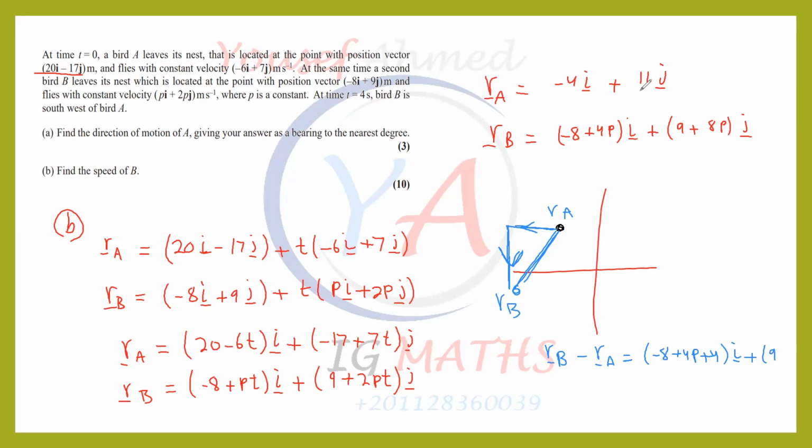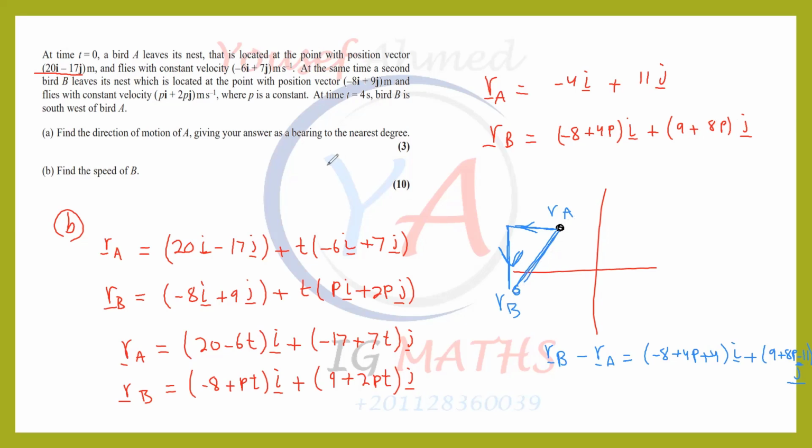So 9 plus 8p minus 11. This is in the j direction. So you must notice something. Now we got this vector, which is the displacement between RA and RB.